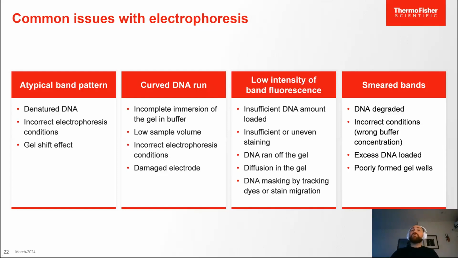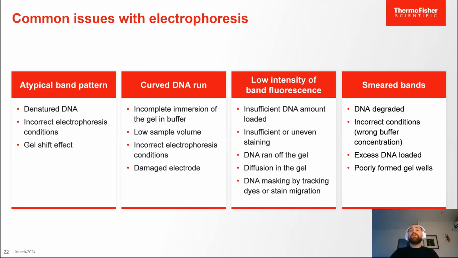So it's very important to make sure that your gel is completely submerged. Very low sample volumes. We can also have incorrect electrophoresis conditions as one of the recurring cases, meaning you might have just extremely high voltage that you set up. And there's also a damaged electrode, which can result in these curved runs.